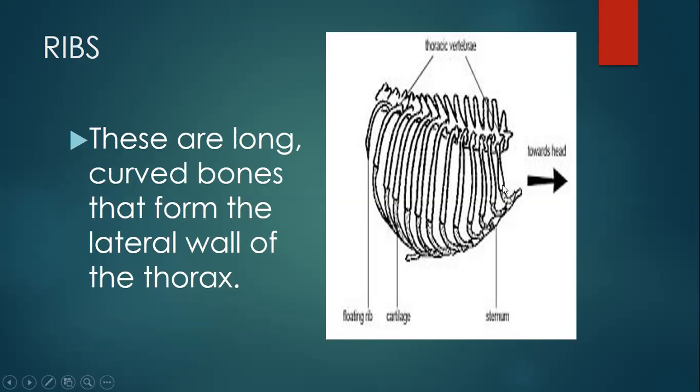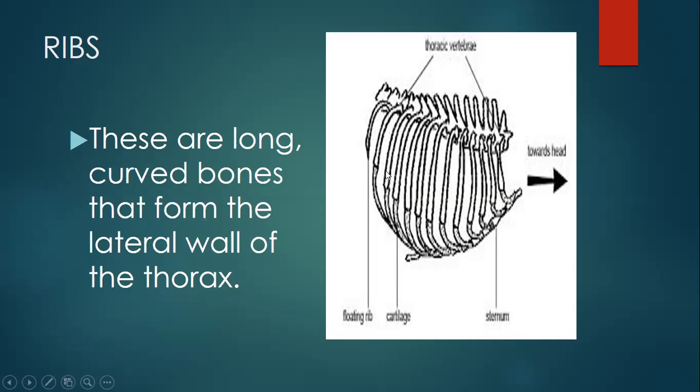Now, if you notice, the first 9 ribs, their costal cartilages are attached directly to the sternum. However, for rib number 10, 11, and 12, it is not. Rib number 10's costal cartilage is attached to rib number 9's costal cartilage.